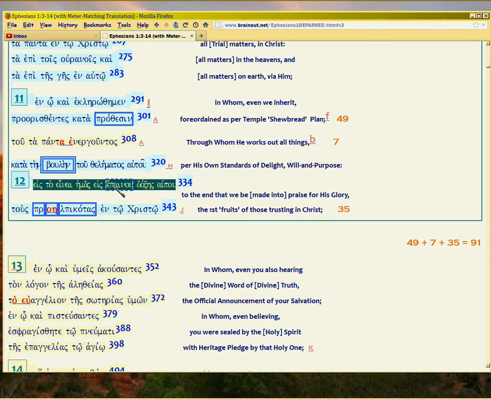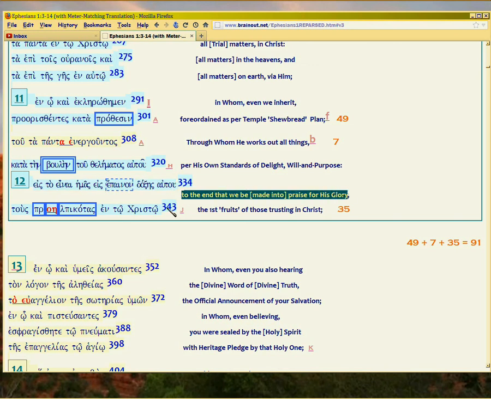And of course, even before John did it in Revelation 17, of course this is where John's getting Revelation 17, Paul's doing it right here. Because what did Constantine think he was doing? What did the newly born Roman Catholic Church, what did they think they were doing? They thought that they were praising God's glory by what they did. Okay?